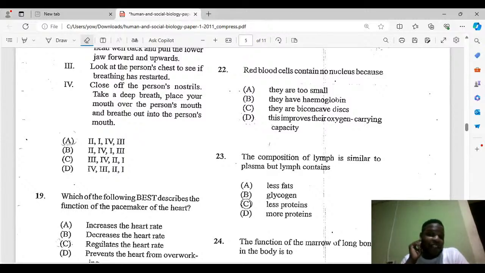The composition of lymph is similar to plasma, but lymph contains what? Is it less fat, glycogen, less protein, more protein? Why is it C?